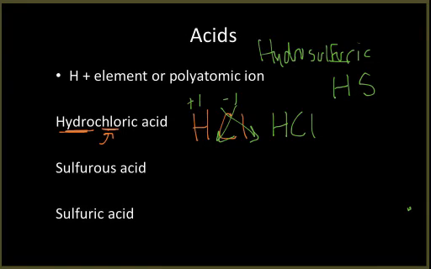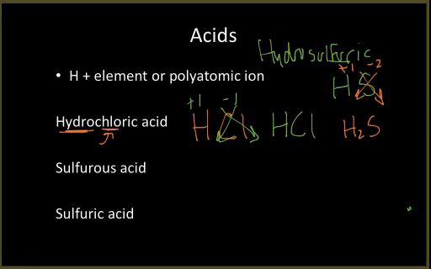So in this case, hydrogen is a +1, sulfur is a -2. So this binary acid has a formula of H2S. So not all binary acids are going to be a +1, -1. So you always want to go back and check those charges when you're doing that.